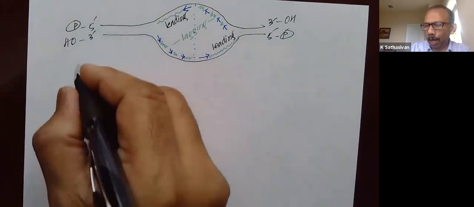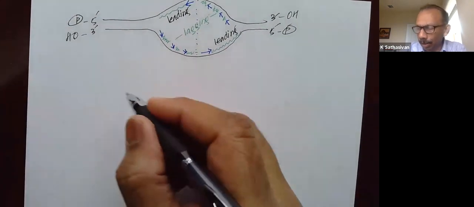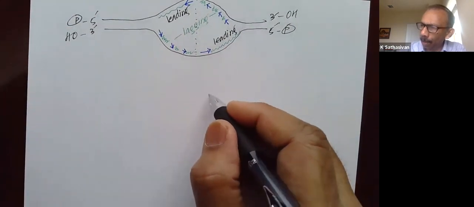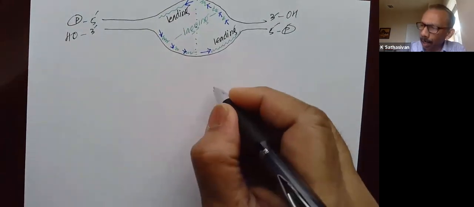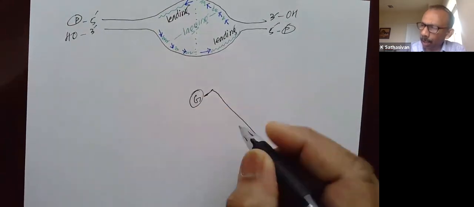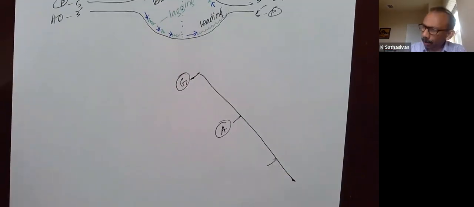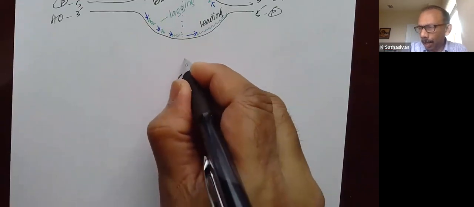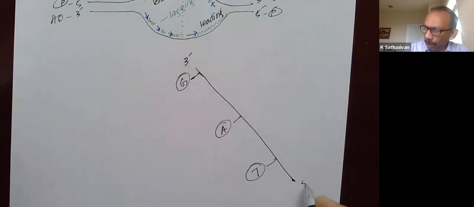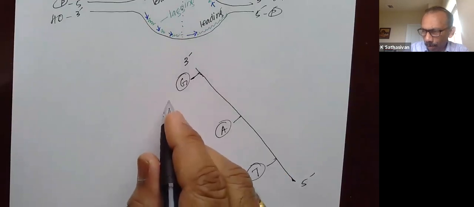Now I'm going to zoom in on the DNA synthesis mechanism itself. If you have a template DNA, this is G, this is A, and then T like this. This is the 3' end, and this is the 5' end where this is going to start.